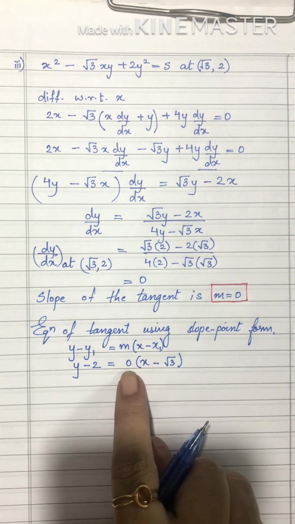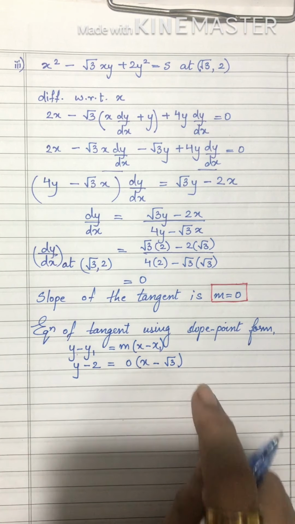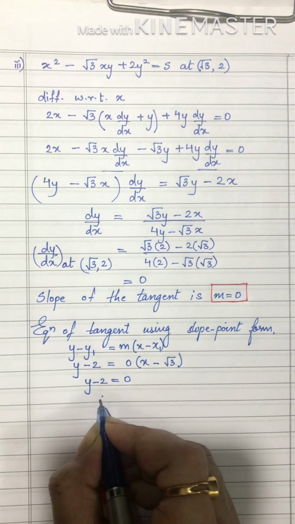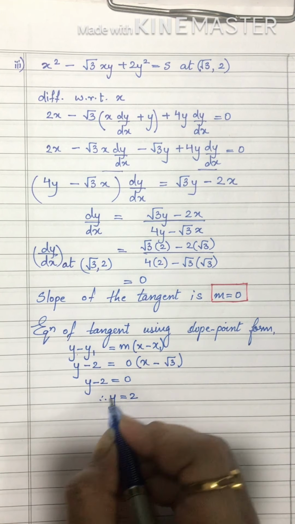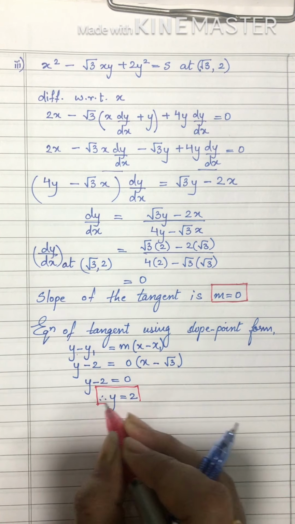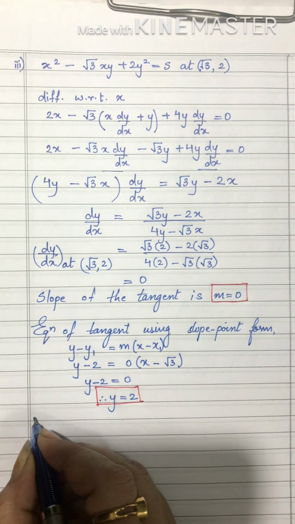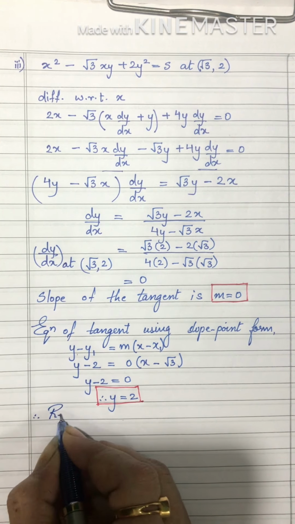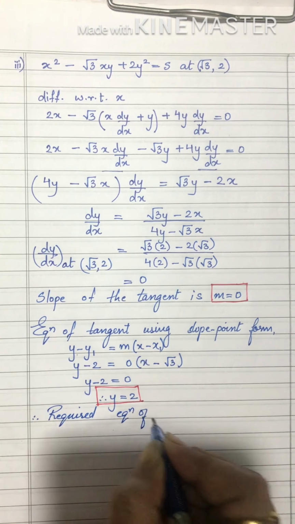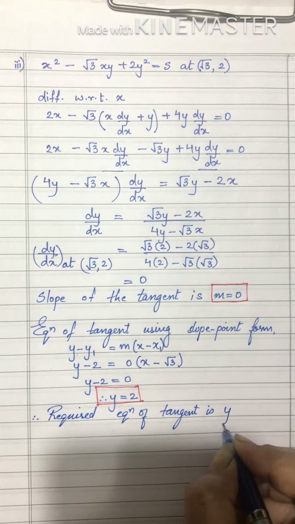So here RHS part will become 0 because it is 0 multiplied by things over here. So what we are getting, y minus 2 is equal to 0. Therefore y is equal to 2 is the equation of tangent. Fine. So I write it here specifically. Therefore required equation of tangent is y is equal to 2.